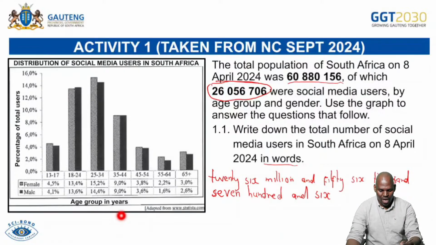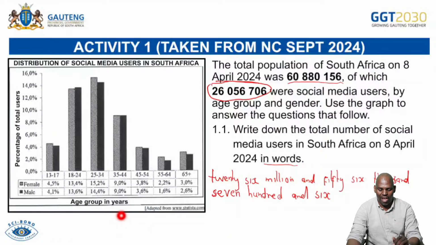Okay, it's 26 million 56,706, or you can say 26 million and 56,706. Okay, this is how easy the answer must be. So then you get your 2 marks.